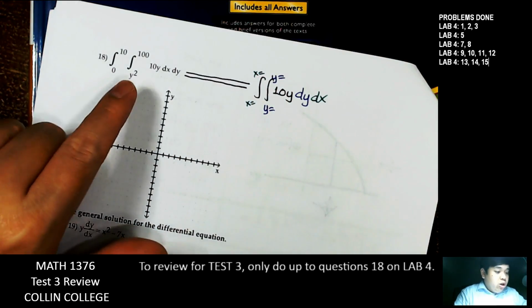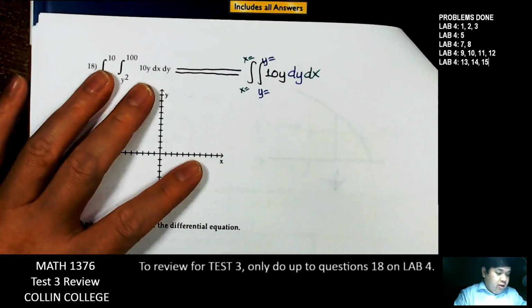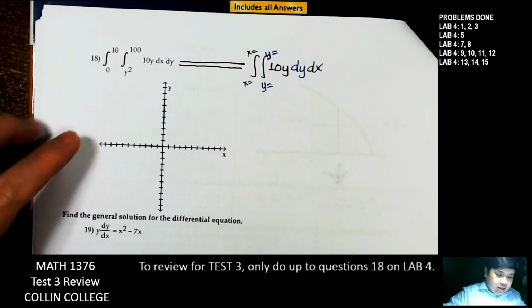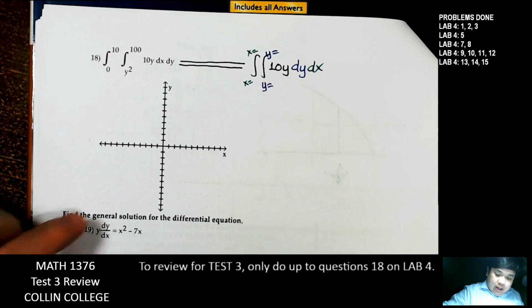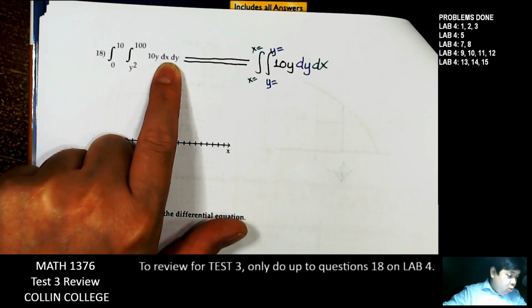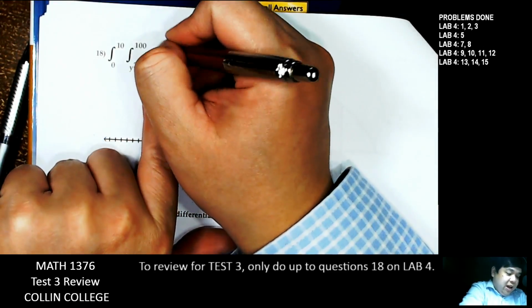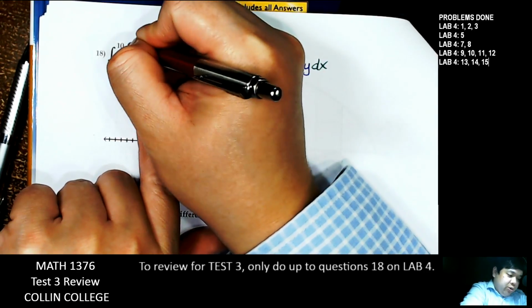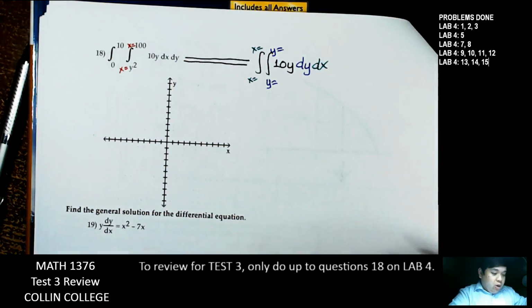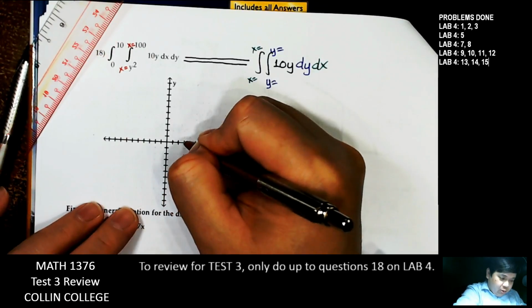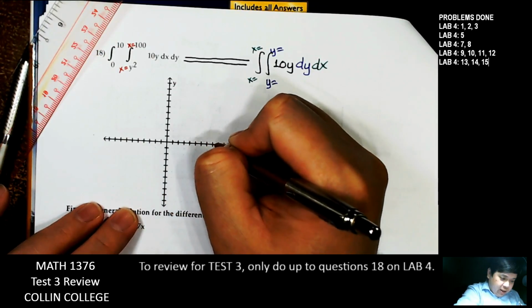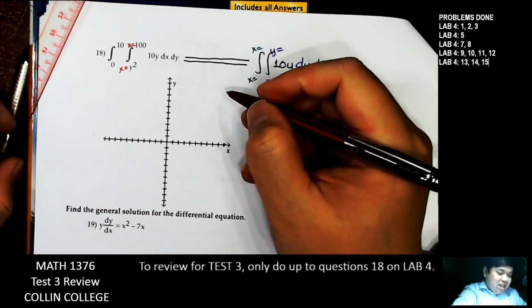Now in order to do that, we have to have the region. So first we look at this. Inside, first is 10y dx. So we have x equal to and x equal to. So x equal to 100. So 1, 2, 3, 4, 5, 6, 7, 8, 9, 10. Let's say 10 is 100.